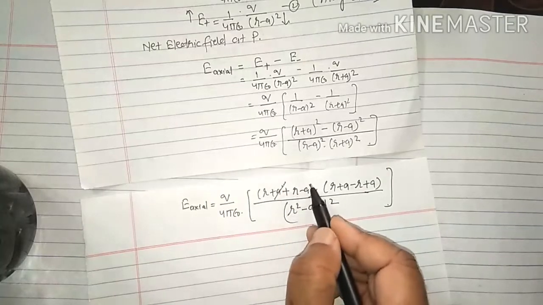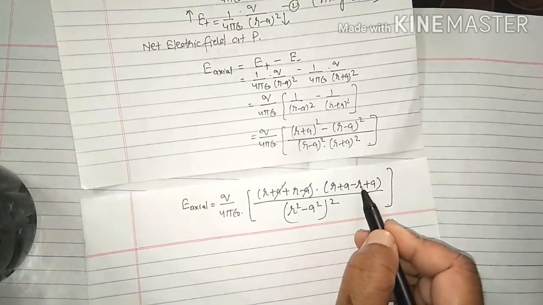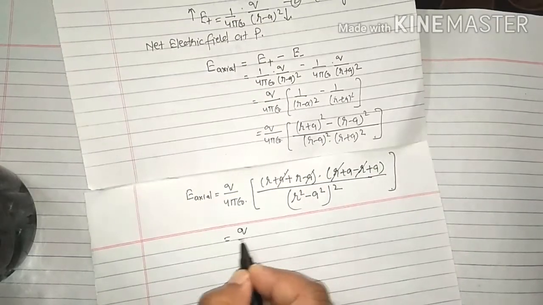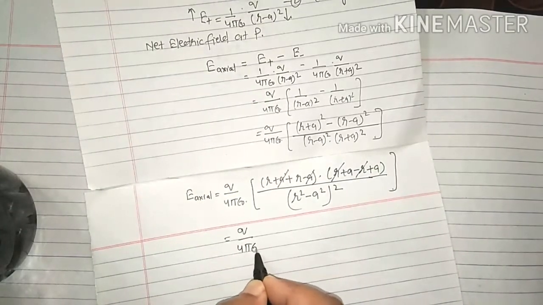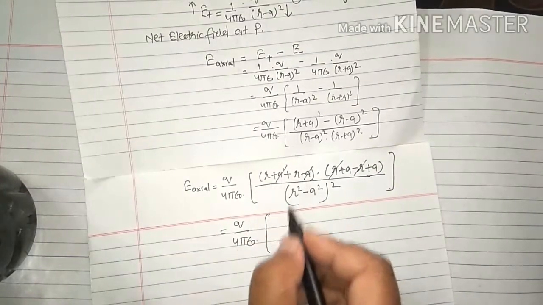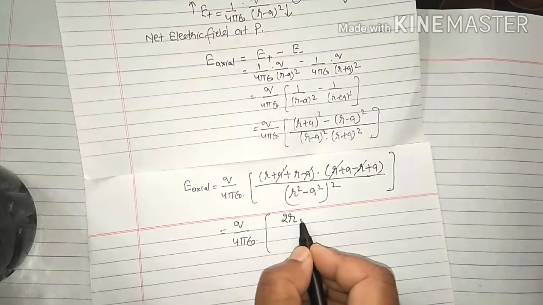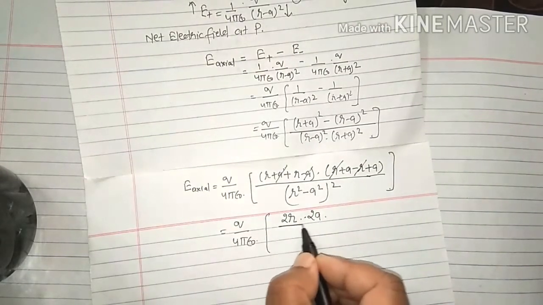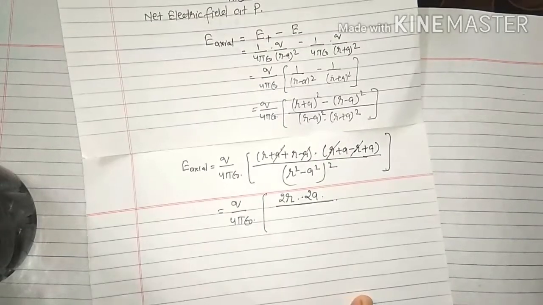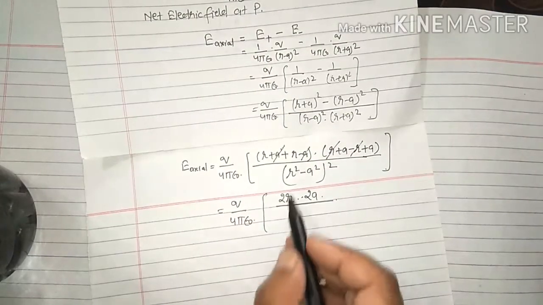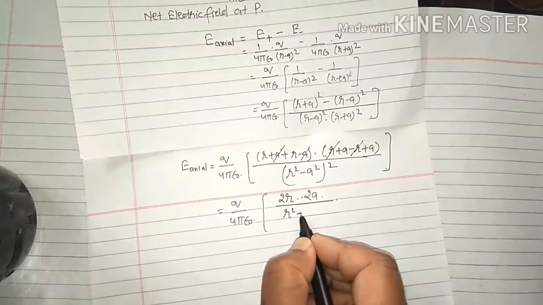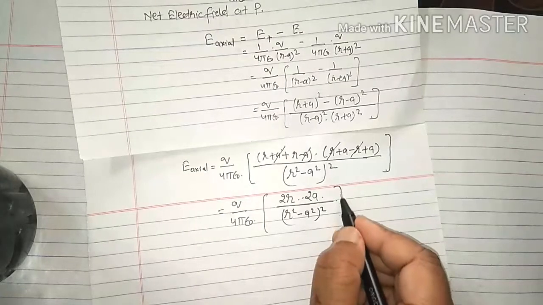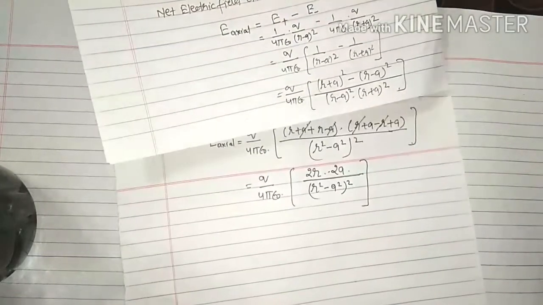So plus A and minus A cancel out, and in the second term plus R and minus R cancel out. So q upon 4 pi epsilon naught, in the first bracket it will be 2R and in the second bracket it will be 2A, upon (R square minus A square) whole square.